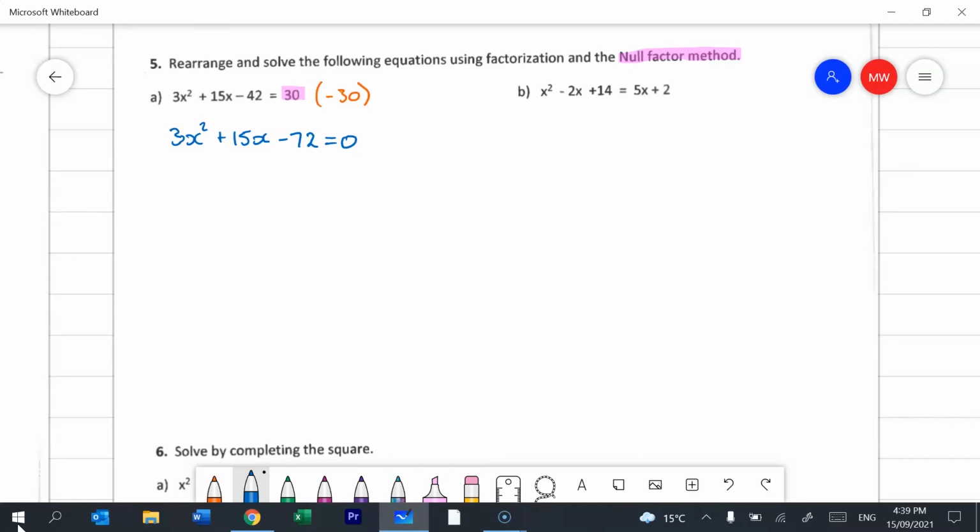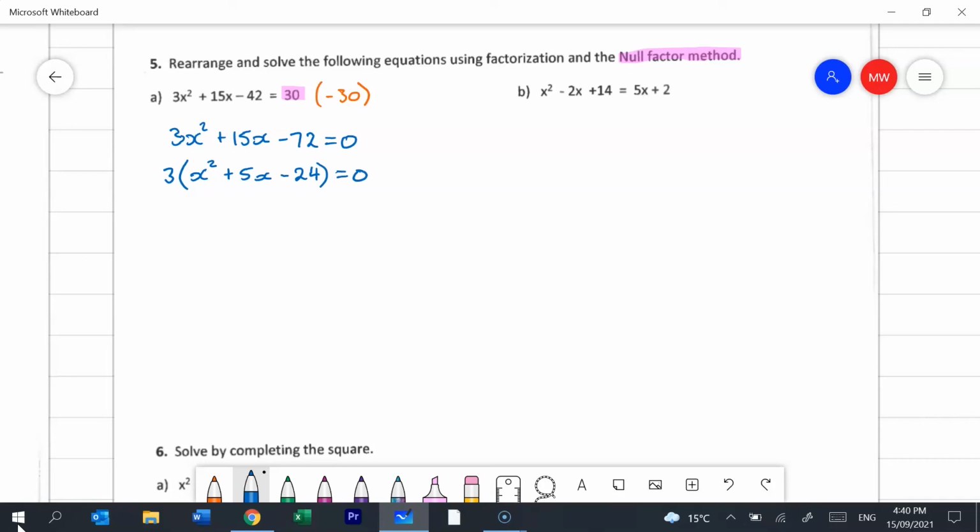It's going to be pretty tricky to factorise with that 3 sitting in front of that x squared, but I can see that 3 is a factor of all of those terms, so I can just take it outside. And now I can just ignore it, which is much better.